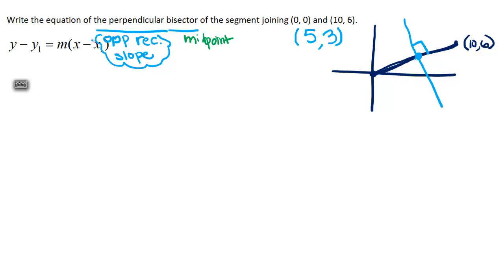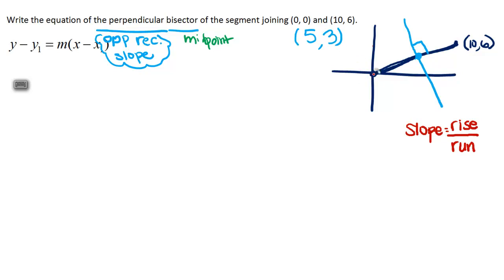So I need to count stuff. Slope means rise over run, like how much you're going up over how much you're running over to the right or left.